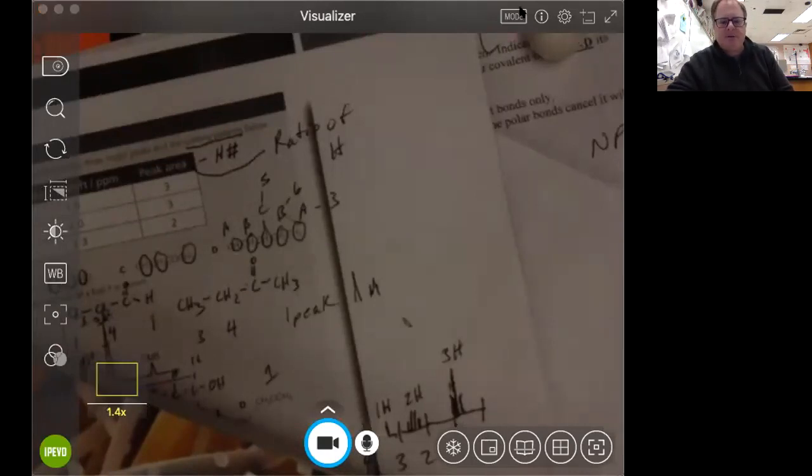They want to be able to give you the IR and the H-NMR and the mass and stuff like that, and have you figure out everything about it and then write the formula for it. So we need to make sure that we can get the information we need from these in order to be able to do that. If you don't have time, then we'll look at it on Tuesday.